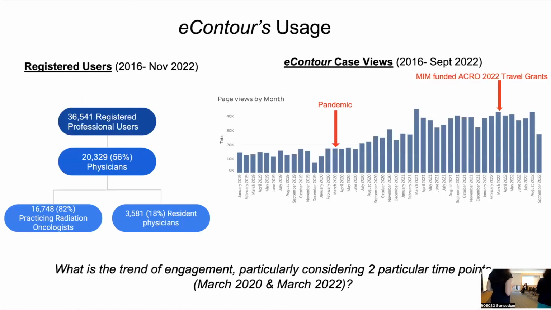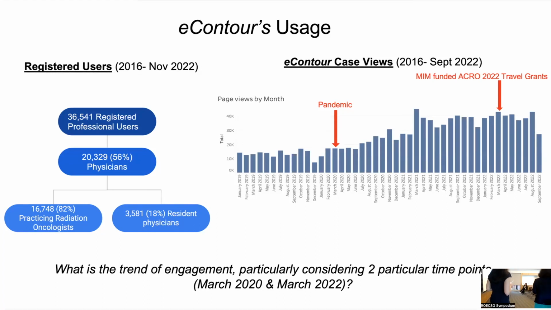Jumping right into this, here is a brief overview of eContour's usage. The image on the left demonstrates that we have over 35,000 registered users, with a percentage breakdown of who's using our resource. The graph on the right shows eContour's case views per month. Overall, you can see a linear growth from January 2019 up until the end of September 2022.